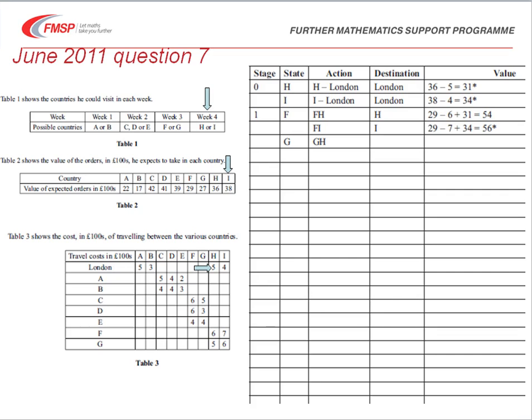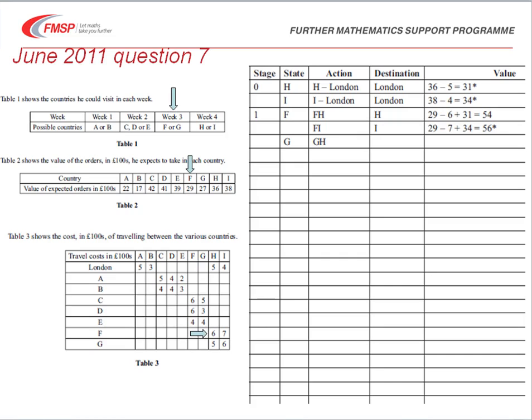Moving back then a stage to stage 1, this would be week 3, where the possible states that we can be in are F and G. The actions for state F have been completed for us, so I've indicated that on the tables.